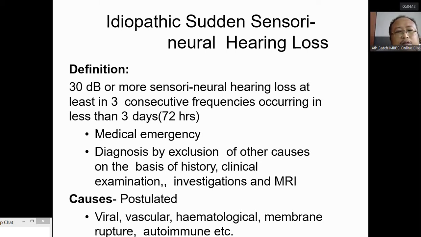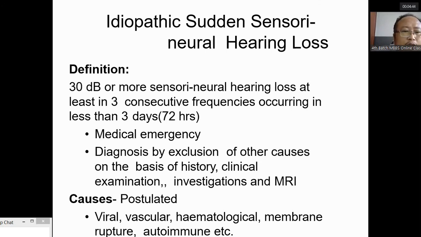There might be a short case for idiopathic or sudden sensorineural hearing loss. There are 3 components to its definition. There should be a sensorineural hearing loss of 30 decibels or more, at least in 3 consecutive frequencies, occurring in less than 3 days or 72 hours.